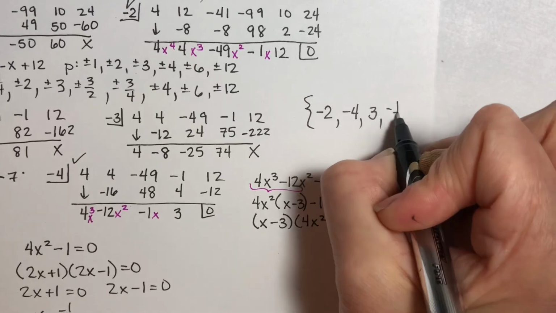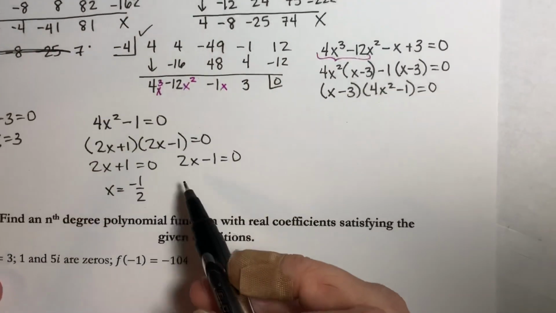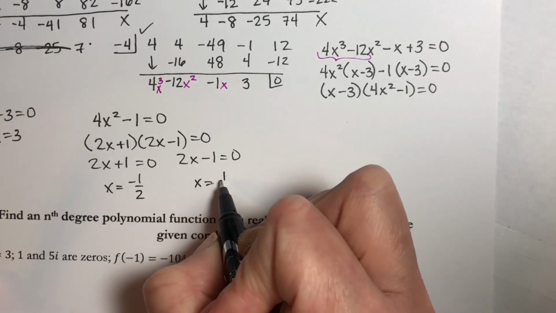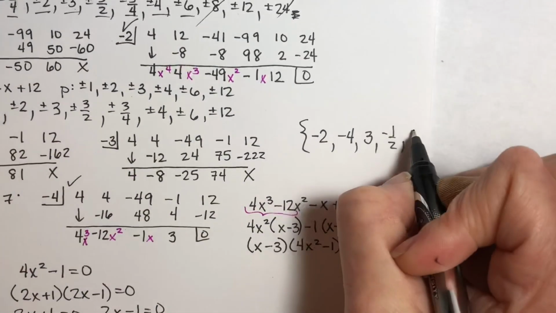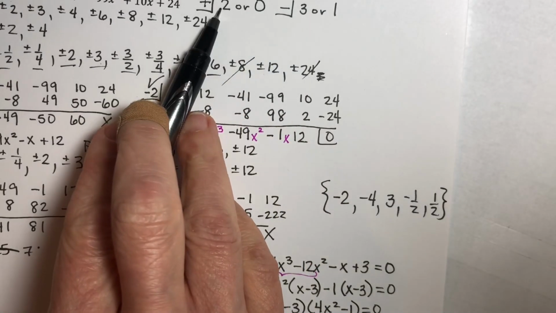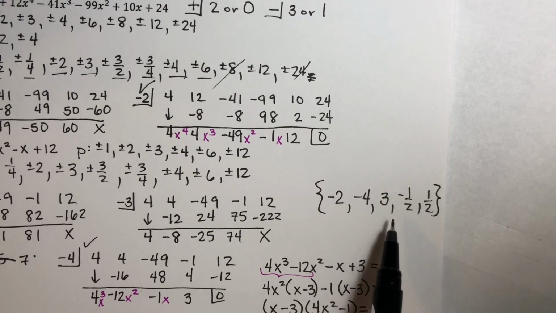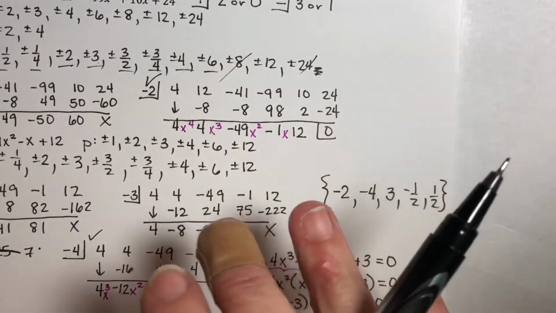So negative 1/2. And that brings me to my 3 negative solutions. And from here, you'll get 1/2 exactly, which gives me my second positive solution. This is it. Okay? This is just about as ugly as these problems get.